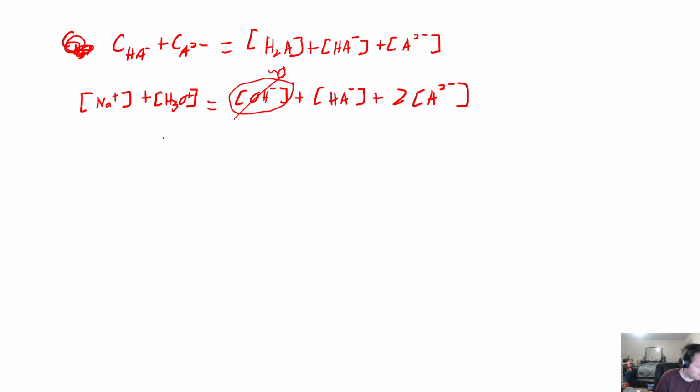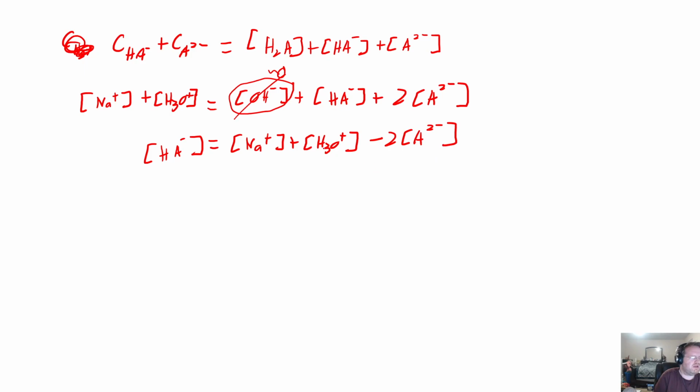So when I rearrange all this, what I'm going to get is that HA minus is equal to sodium plus plus H3O plus minus 2 times my A2 minus species. So all of this now is going to get plugged in to my mass balance equation. And so let's write that out.